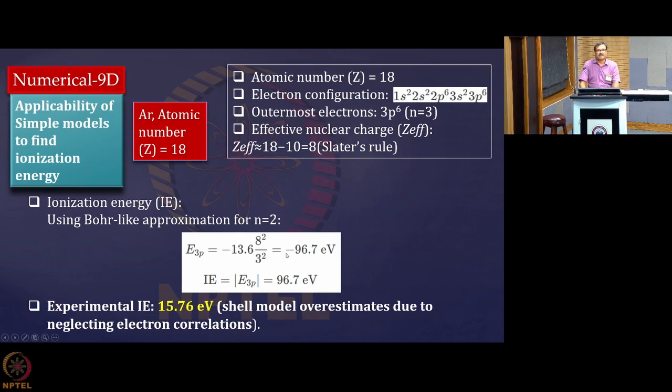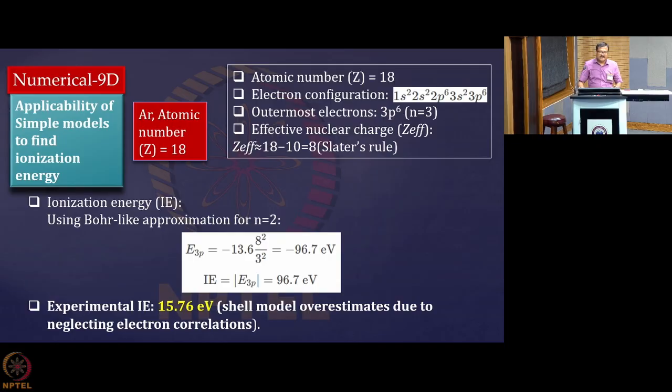So, it is coming to minus 96.7 electron volt. This is again way off; the experimental value is only 15.76 electron volt. So, the shell model overestimates the ionization energy due to neglecting electron correlations.